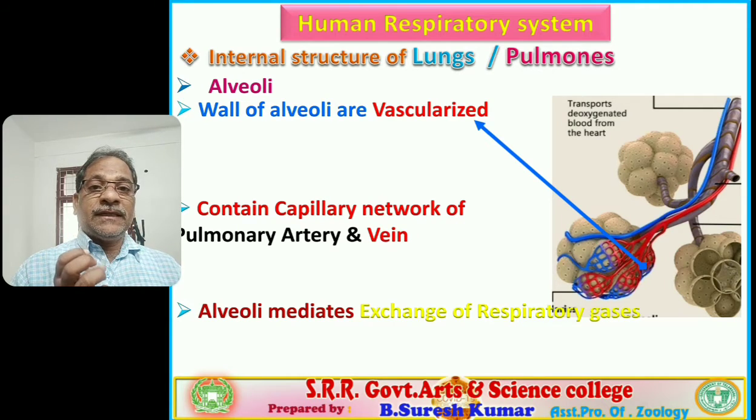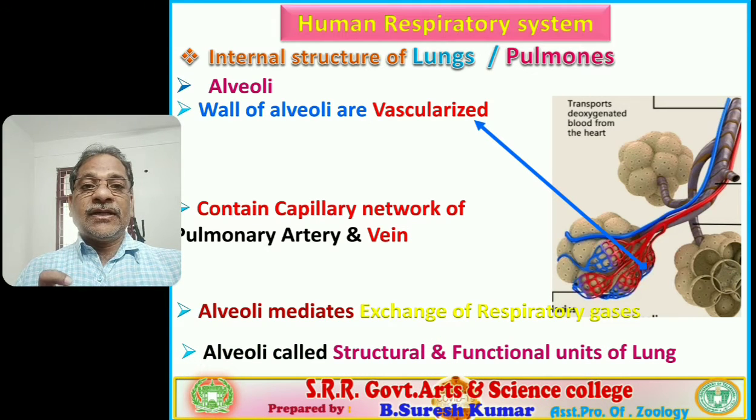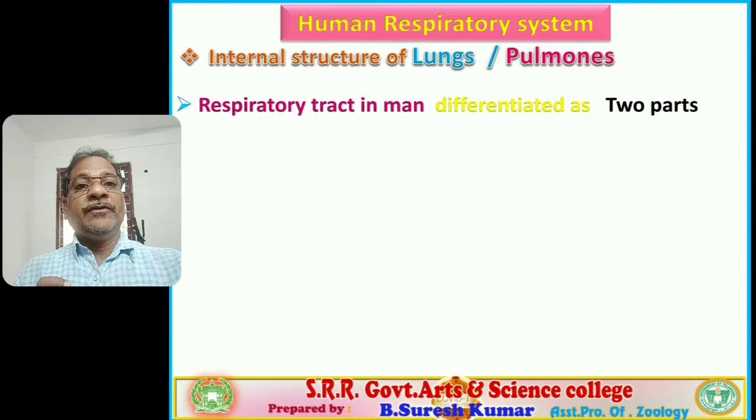They are capable of receiving oxygen and giving off CO2. So hence the alveoli are regarded as structural and functional units of the lungs. Follow? So these are very important. Alveoli are miniatures of lung, structural and functional units of lung.